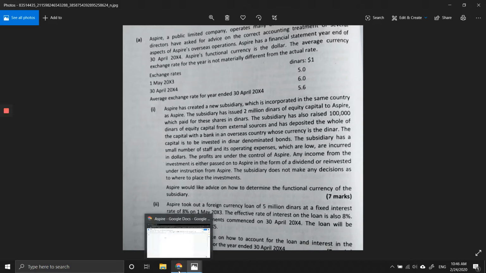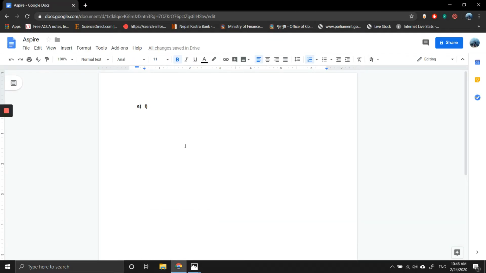So first of all, let's write down functional currency.